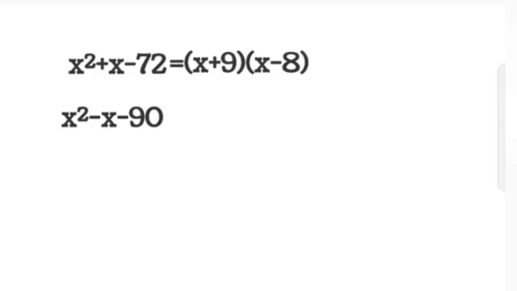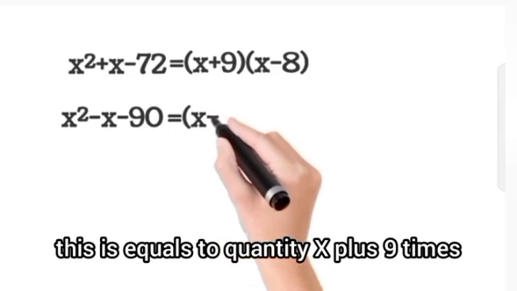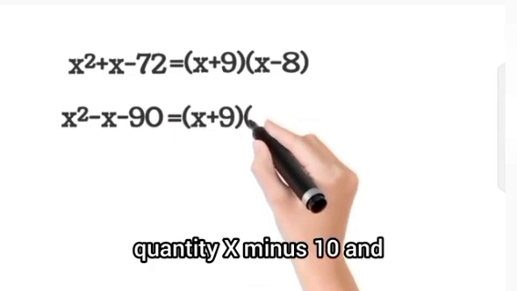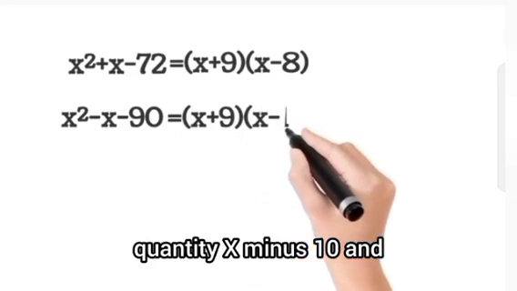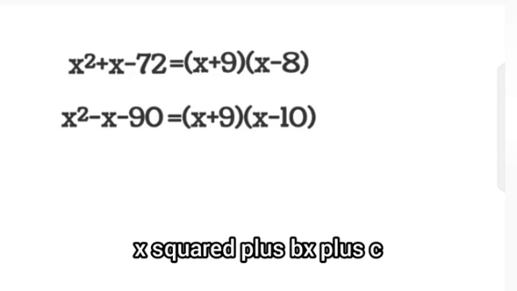So this is equal to quantity x plus 9 times quantity x minus 10. And that's the factor. So those are the cases for factoring x squared plus bx plus c.